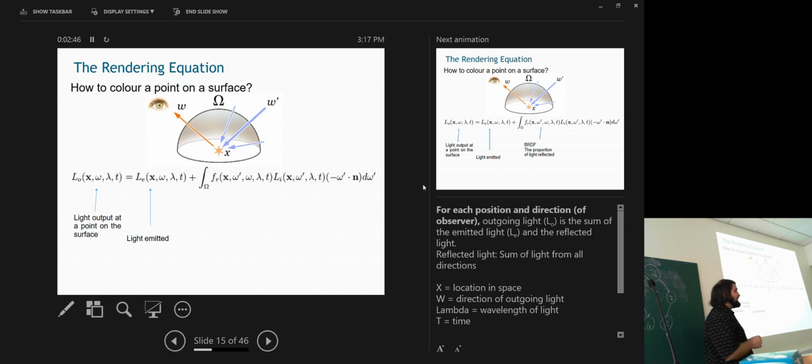So if something is emitted directly from this point, so usually we just work with reflecting surfaces, so some amount of light came from the source and it's reflected. But if this itself is emitting the light, then it should be also considered here for the same location, direction, wavelength, and time.